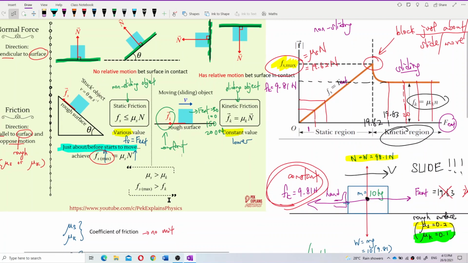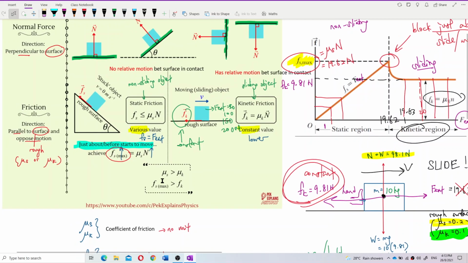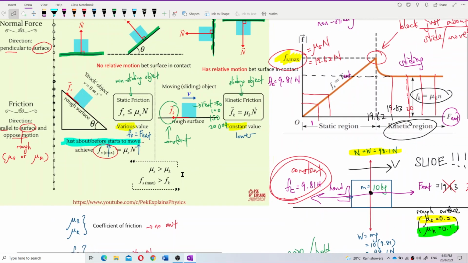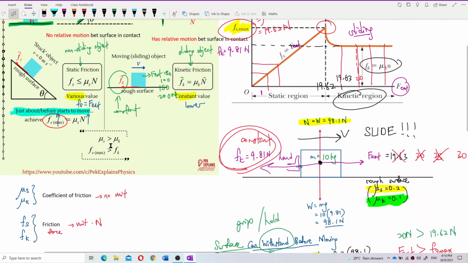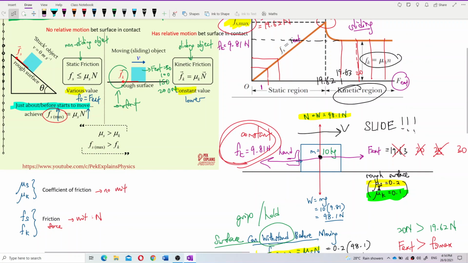So in short, mu s is always bigger than mu k. See this example, 0.2 is bigger than 0.1. This is one example only. So the maximum static friction is always bigger than the kinetic friction. What I'm talking about is only the maximum value.